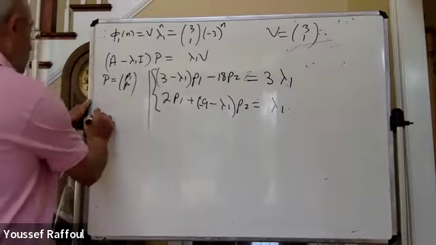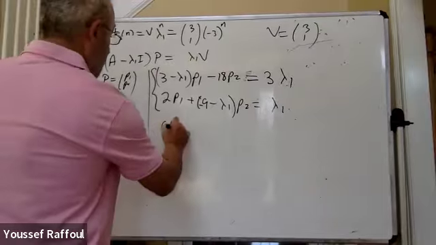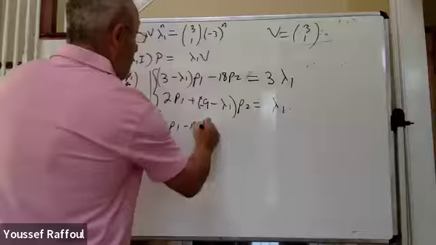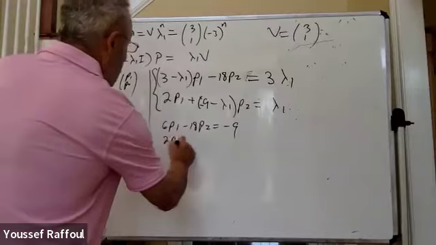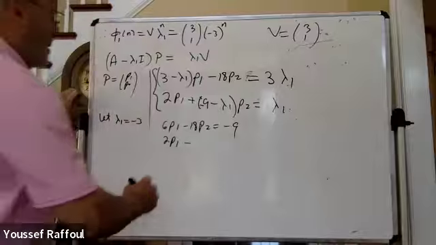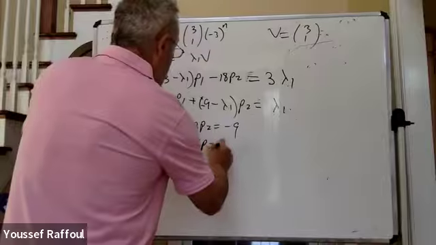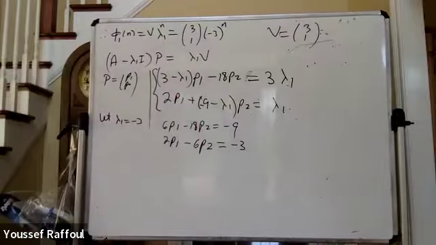Okay, so let lambda 1 equal -3. So we'll have 6 P1 minus 18 P2 equal -9. And we will have 2 P1 minus 6 P2 equal to -3. Okay?